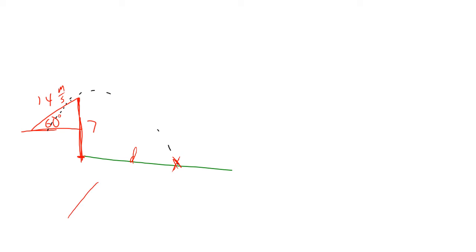Okay, first thing we gotta do is break apart that speed here. So 14 is there, which means this is 7, and this is 12.12. Alright, once we have that, we have to figure out time. So we're gonna use the second equation again. So this is d is equal to d0 plus v0 t plus 1/2 at squared.